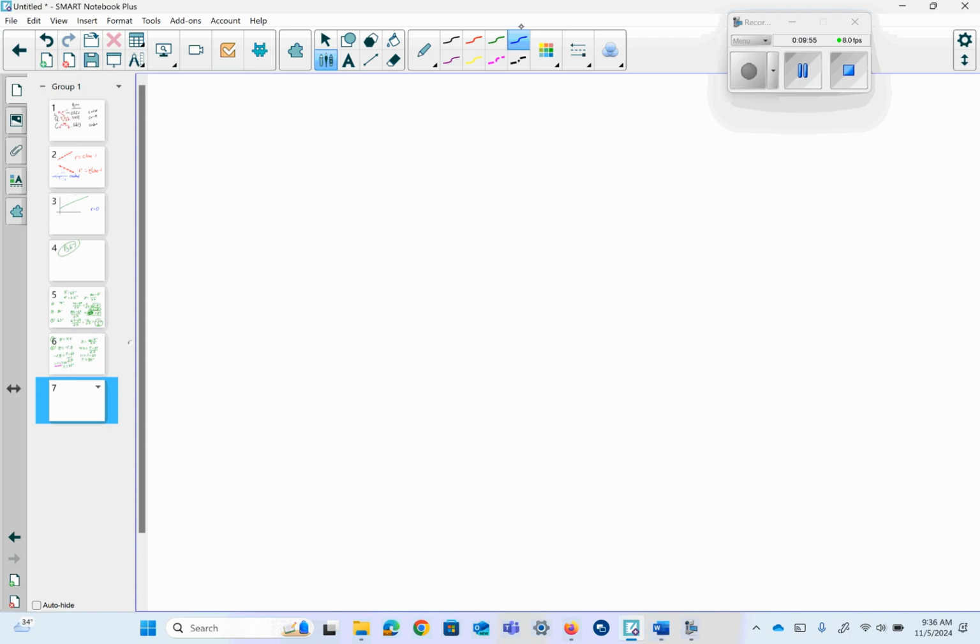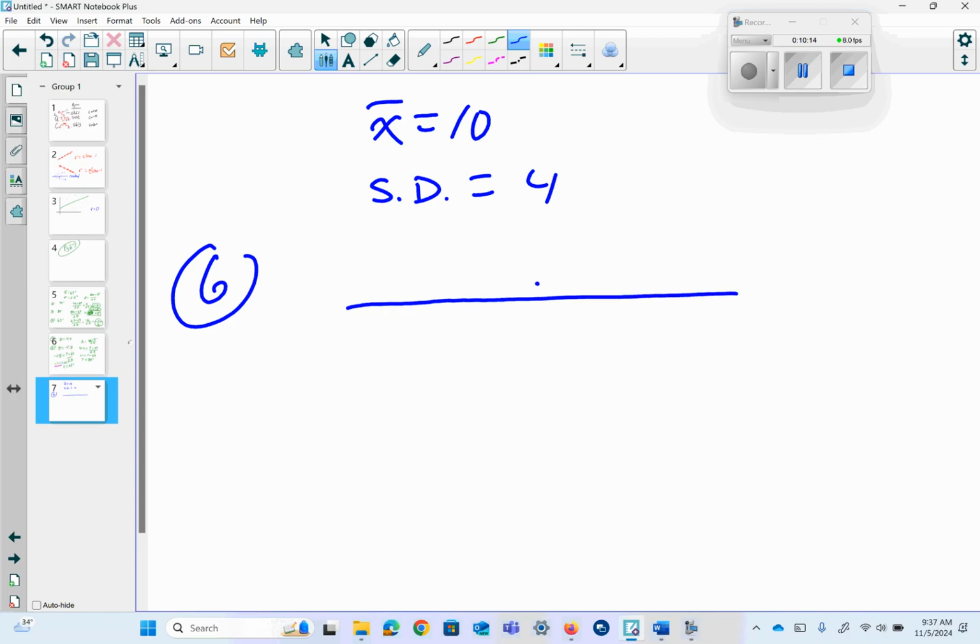Okay, so they said the mean return is 10%, standard deviation is 4. So let's draw a number line to show the 7 locations. Okay, so number 6, what we're going to do is this. A number line here, this is basically 10. And then this would be a z-score of 1, 2, and 3.